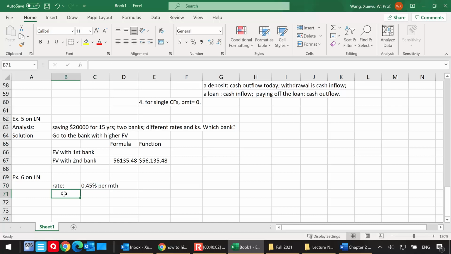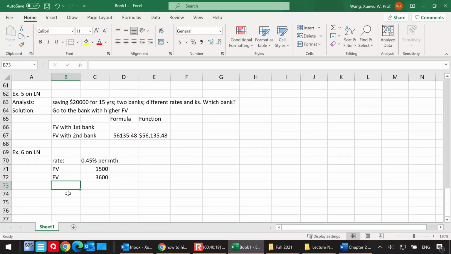And if you deposit 1,500, okay, so the present value is 1,500. And if you want to actually have 3,600, so that's going to be your future value here. Okay, it's a single cash flow case because you make a deposit of 1,500 and you do not make any other deposits. All right, and the question is, how long or how many years?